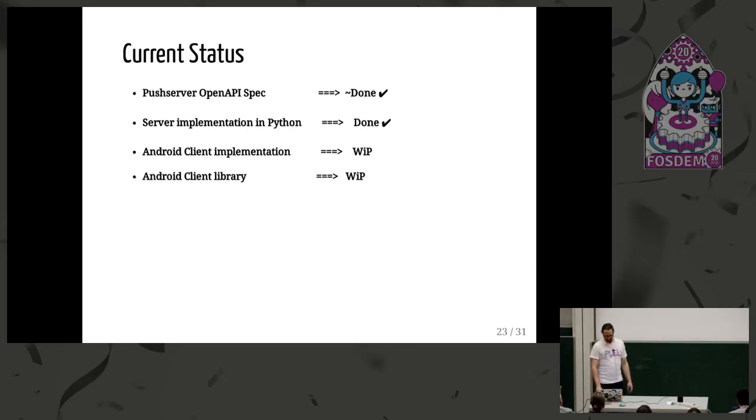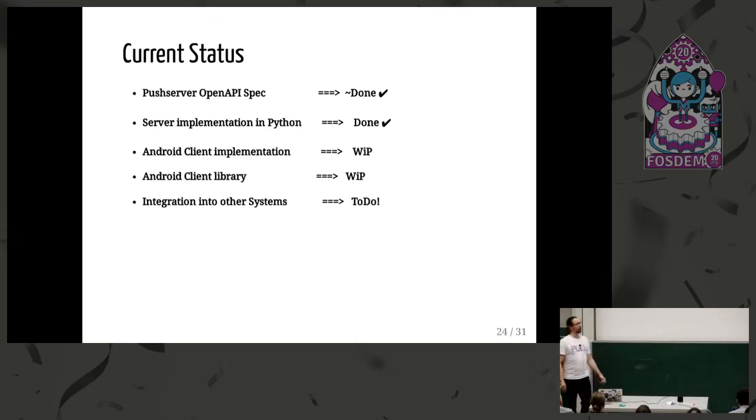This is developed alongside the Android push client. It's also still a work in progress. And then when we have the system, we need to, of course, integrate it in other communication platforms, systems. And well, this is a to-do for after the client implementations are finished.